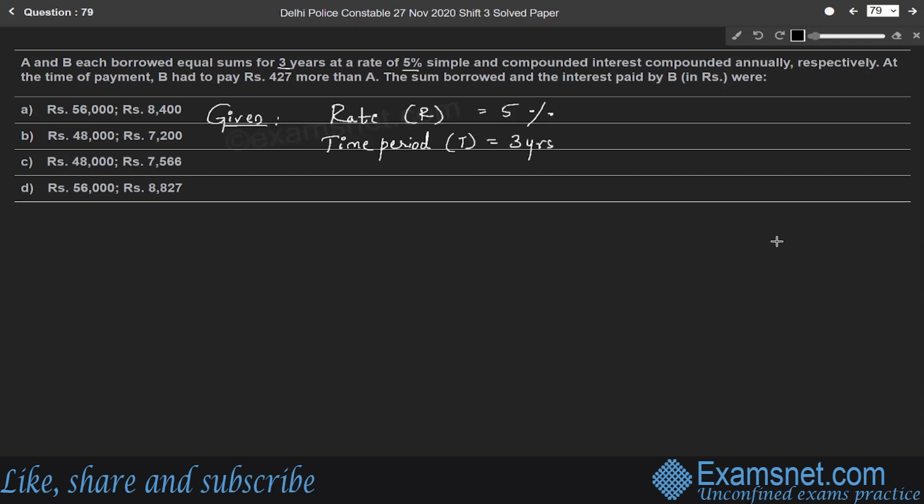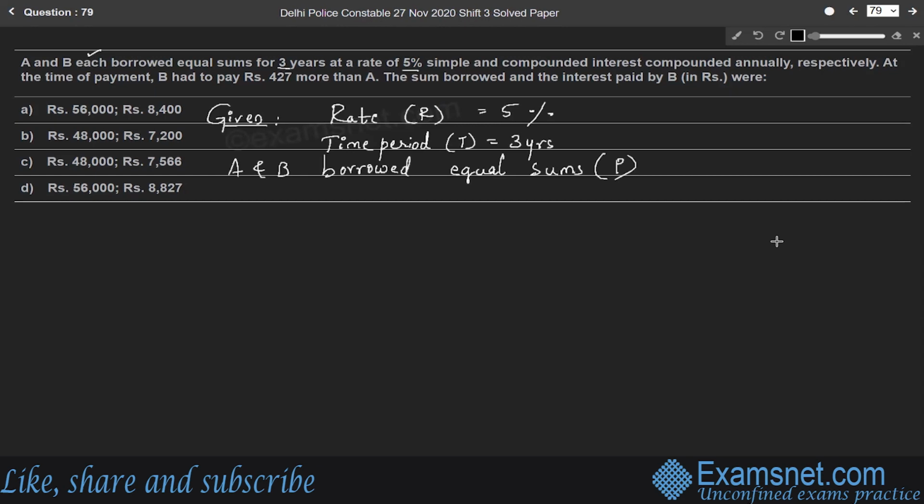Right? And also A and B borrowed equal sums. That means the principal amount given to A and B is the same, right?